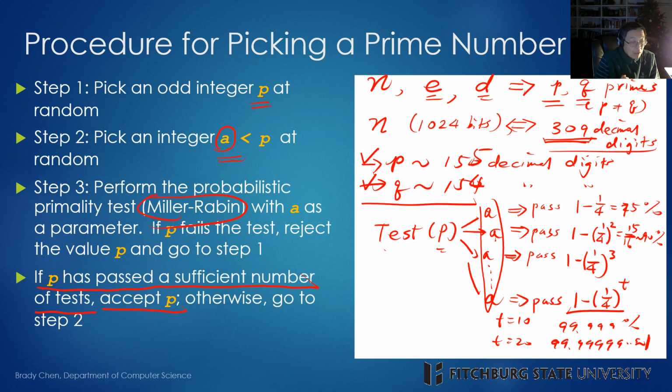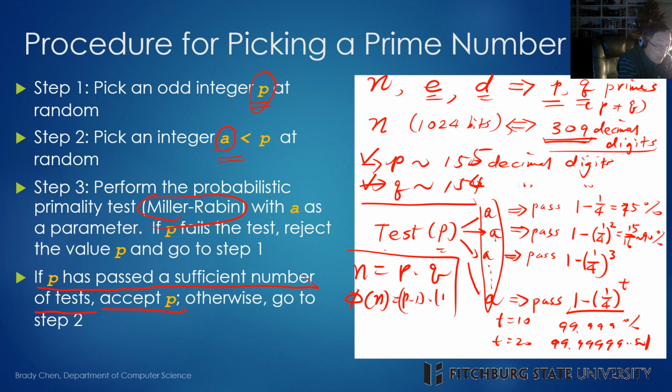Okay, so once we got p, we accept p as a prime number, and then we randomly select another odd number and do the same test. So we find q, right? So we find the 2 prime numbers. Once we find the 2 prime numbers, then we can generate n, which is p times q, and then we can calculate Euler's totient function of n, which is p minus 1 times q minus 1.